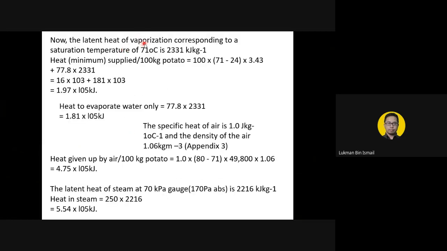So the latent heat of vaporization corresponding to a saturation temperature of 71 degrees Celsius, of steam at 71 degrees Celsius, is usually given, or you can find it from the table, as 2331 kilojoule per kilogram.